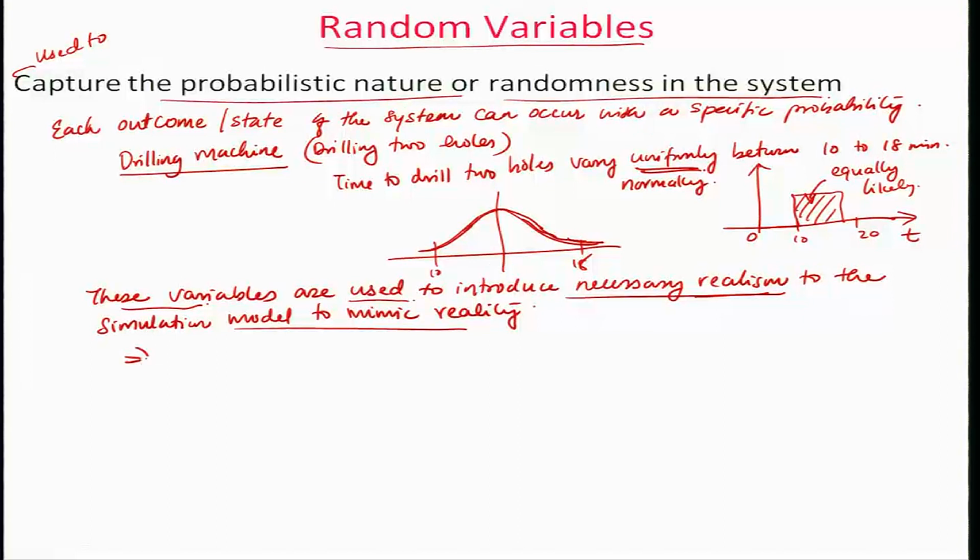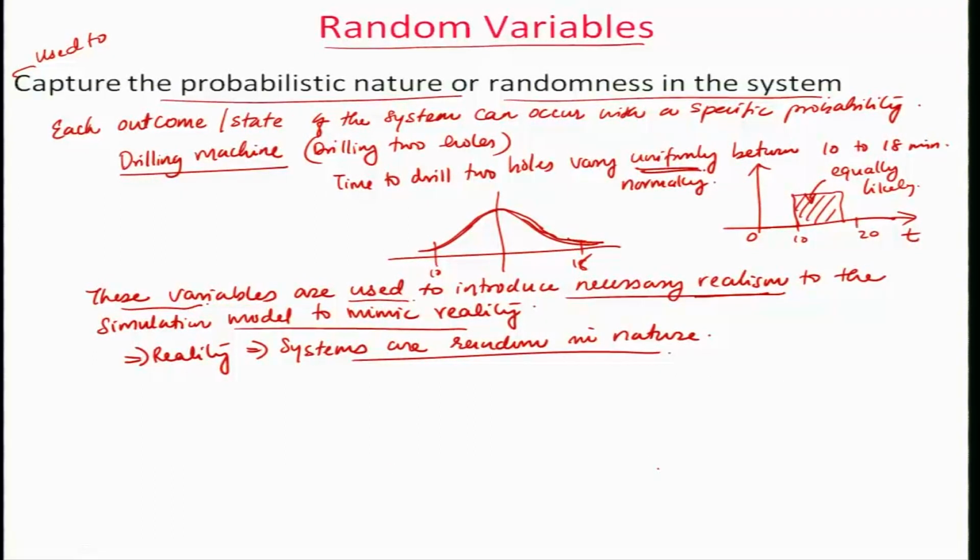And reality systems are random in nature, or the behavior of the system has a probability associated with it. This is not a completely true statement, but you can say that the behavior of the system has a probability associated with it. So, to mimic that probabilistic behavior, or that uncertainty in the expected output, it is created using such a system.